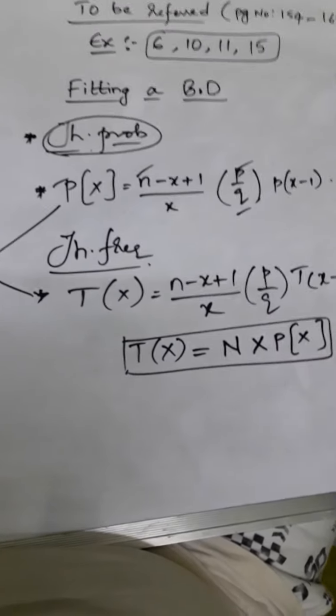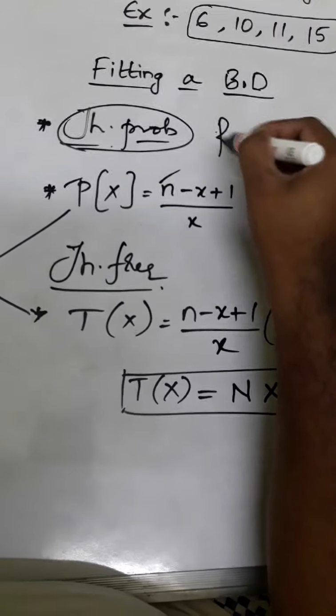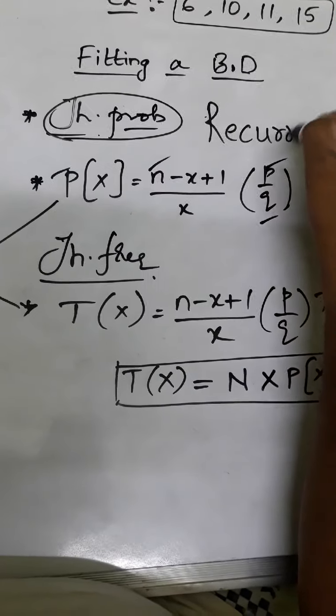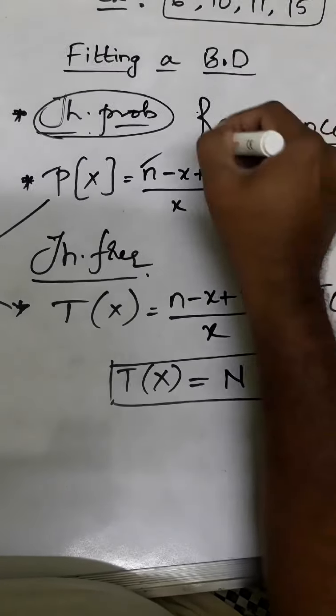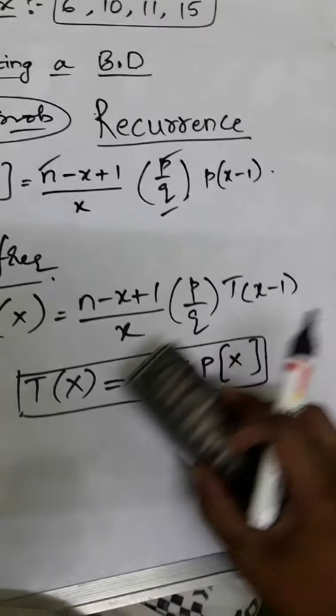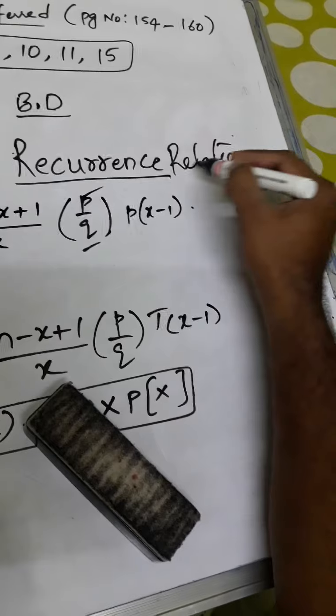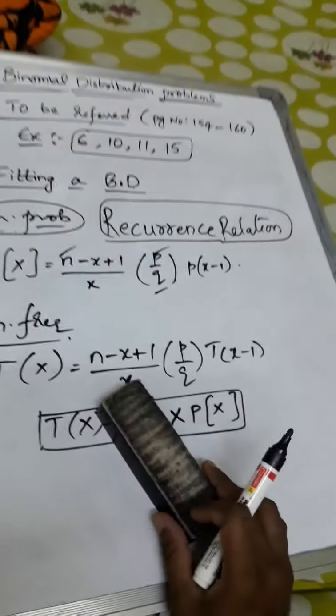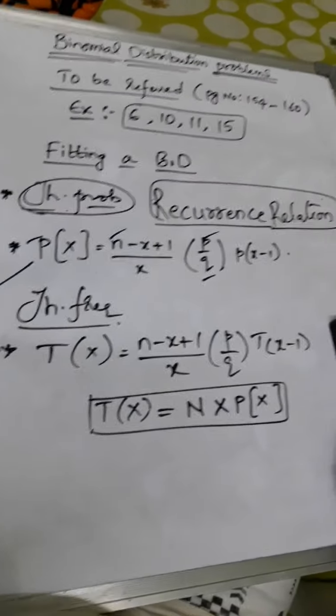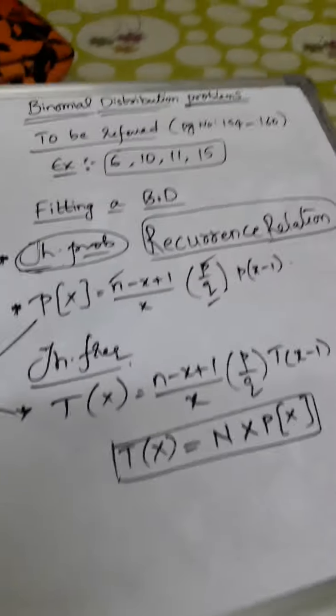These two formulas we can call recurrence relations. So these are the recurrence relation formulas, RR.